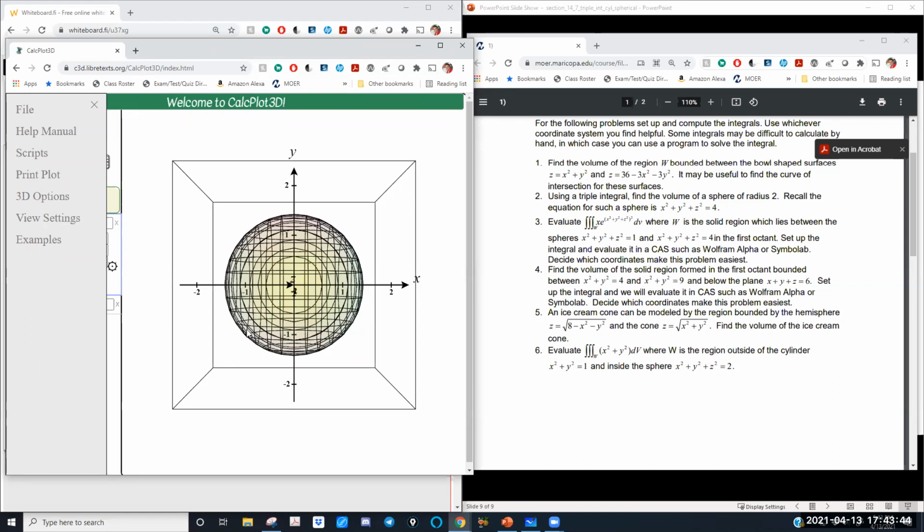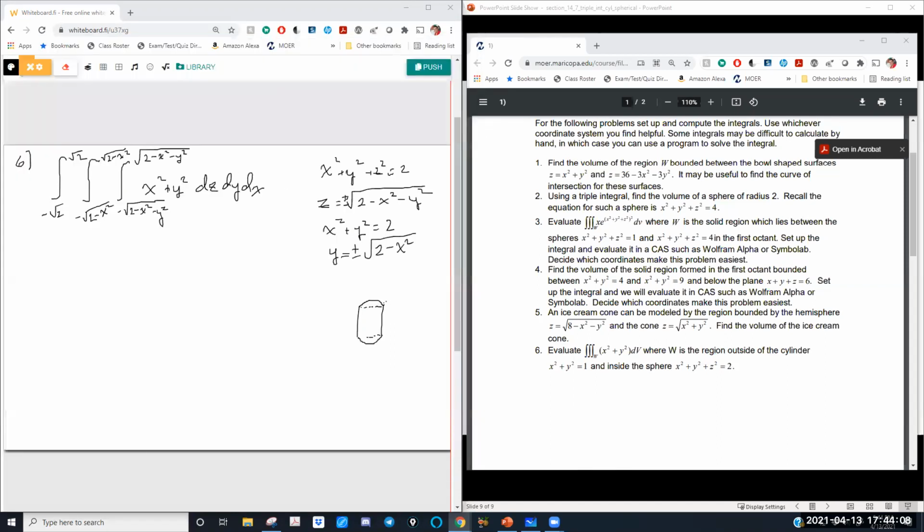So that's going to take care of the curvature. And then in x, all we have to do is go from negative rad 2 to rad 2. So we've already taken care of the circular shape in our limits on y. We don't have to do it again on x. So you could have done it the other way too? Absolutely, 100%. Garrett, 100%. Thank you. Yeah, no problem. That's a good question.